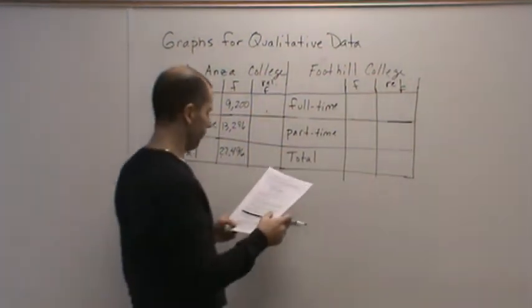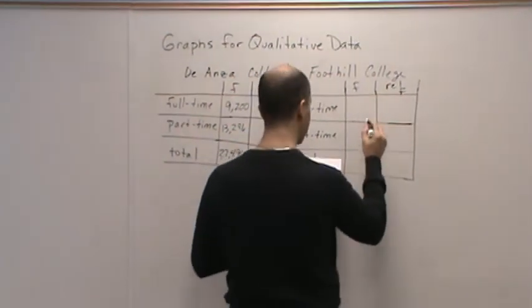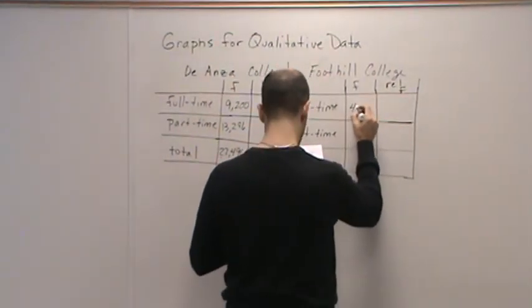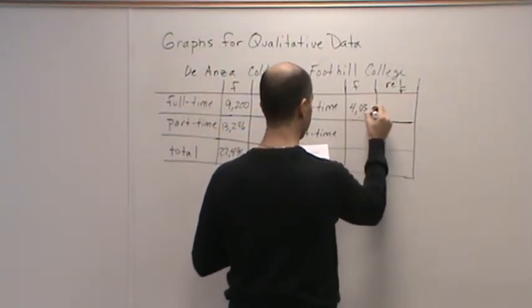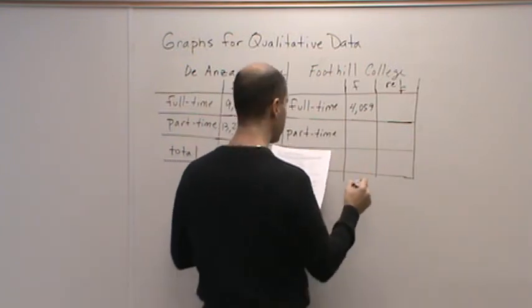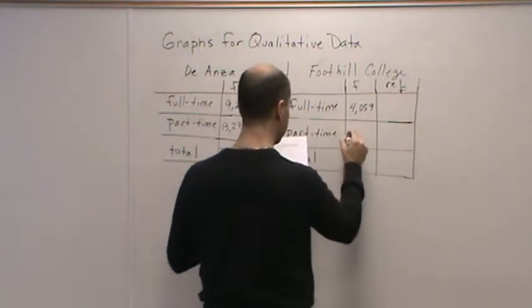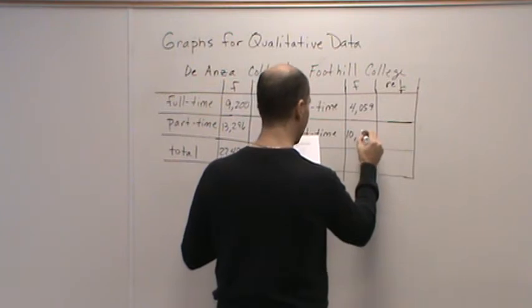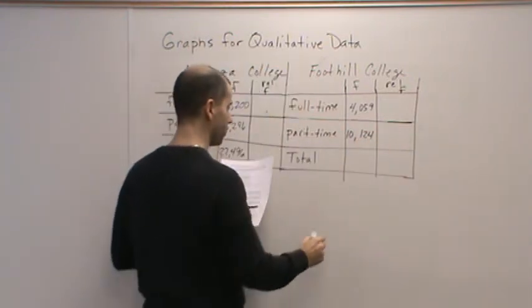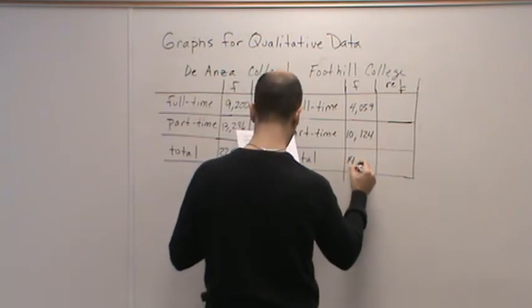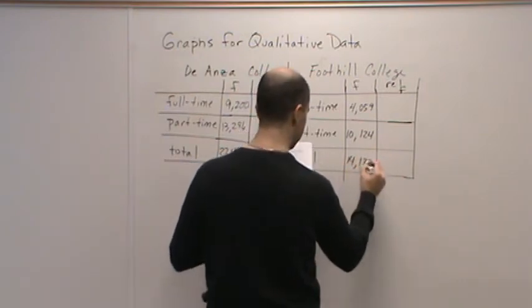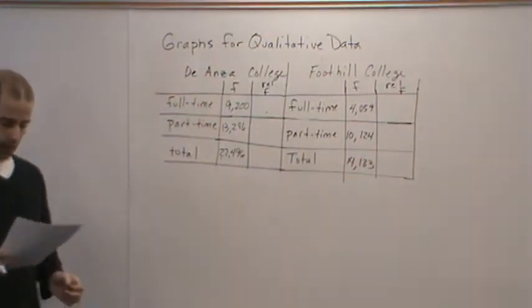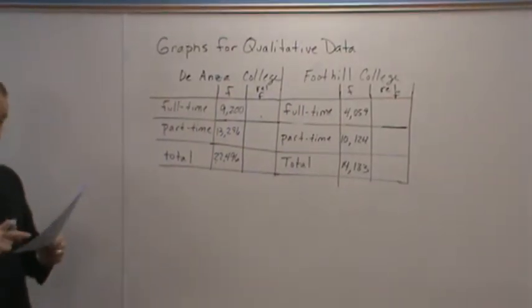So over here for Foothill College, the frequencies are as follows. 4,059 students. And then part-time students are 10,124 students. And so the total is 14,183 students. Okay? So now, they've got the percentages in here for relative frequency.